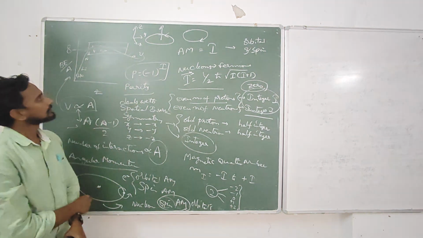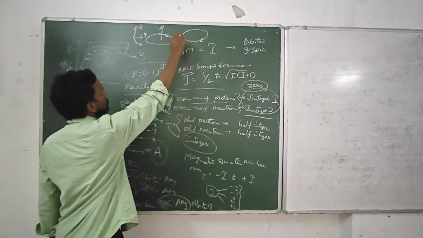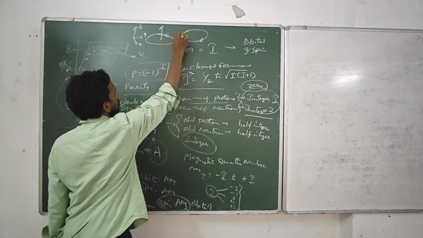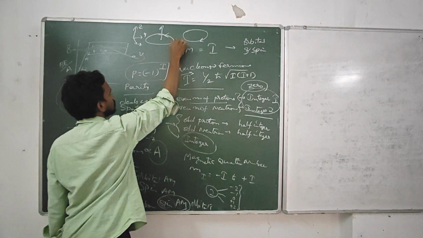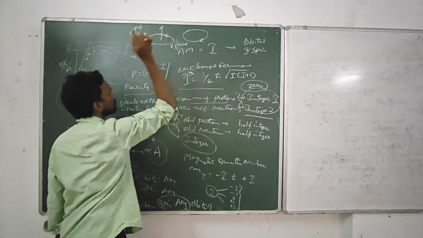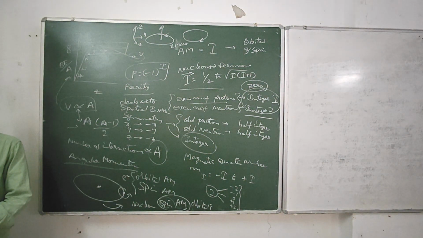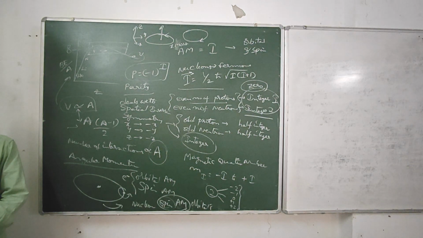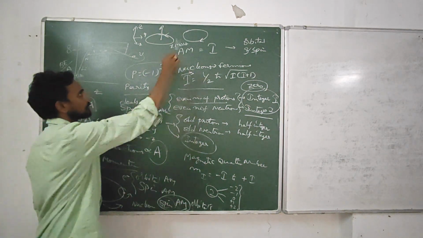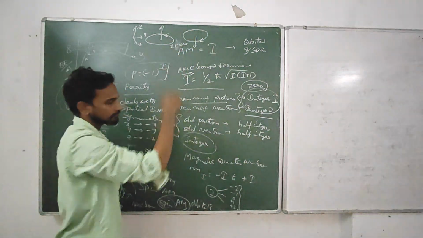So that is the final stage for the X mirror. That is the final configuration. What is the direction of angular momentum? Clockwise. Angular momentum downwards.